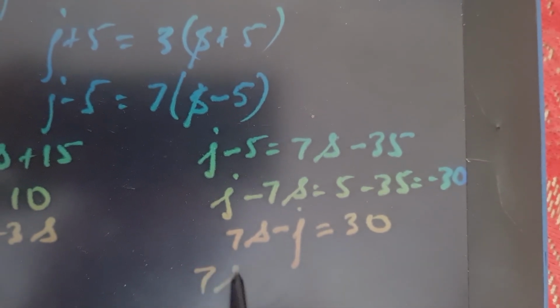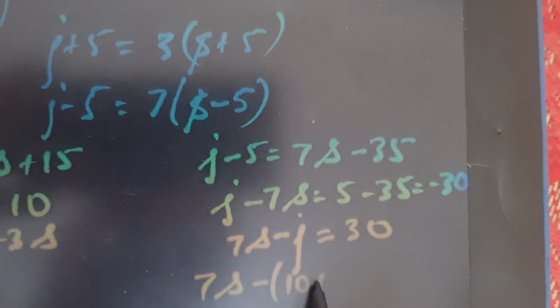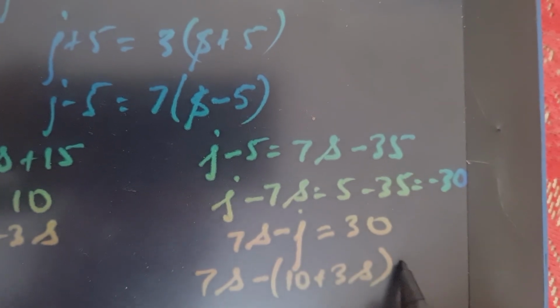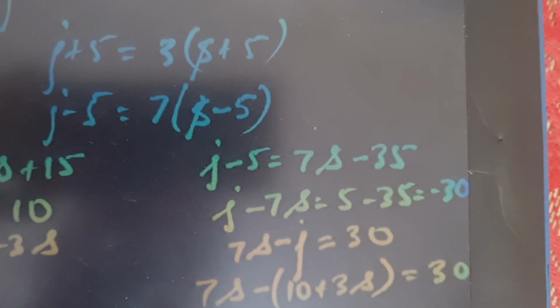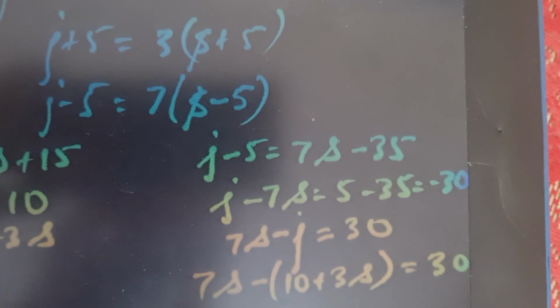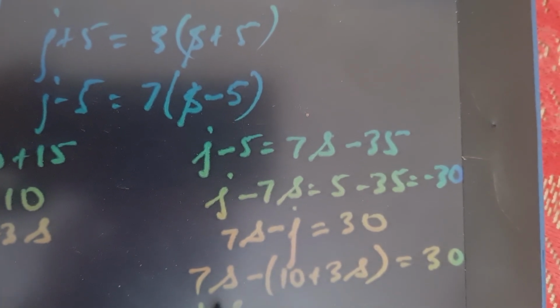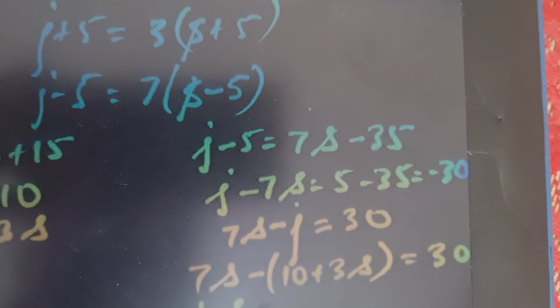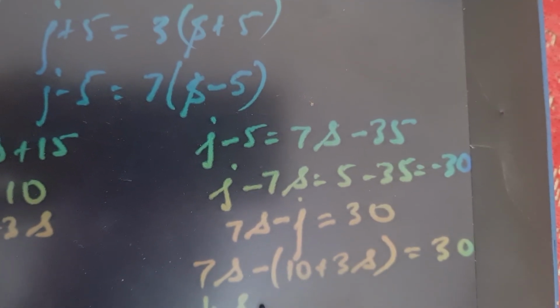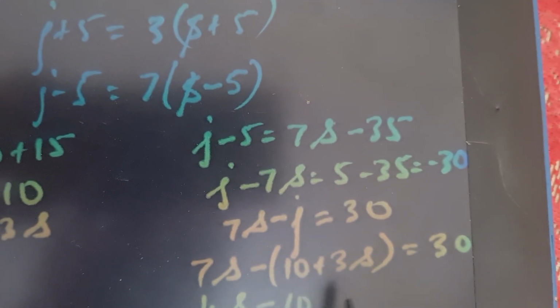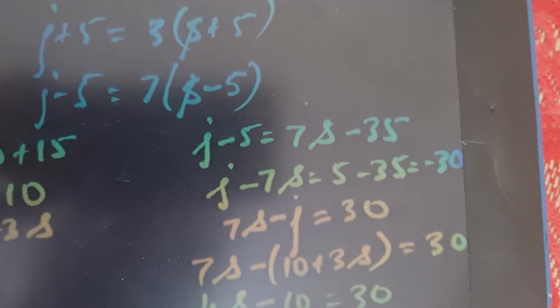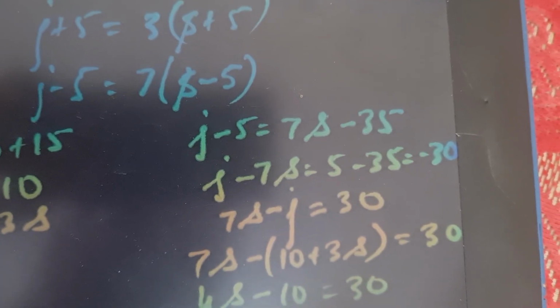So 7S minus 10 plus 3S, 4S minus 10 is equal to 30. So 4S is 30 plus 10, 40.